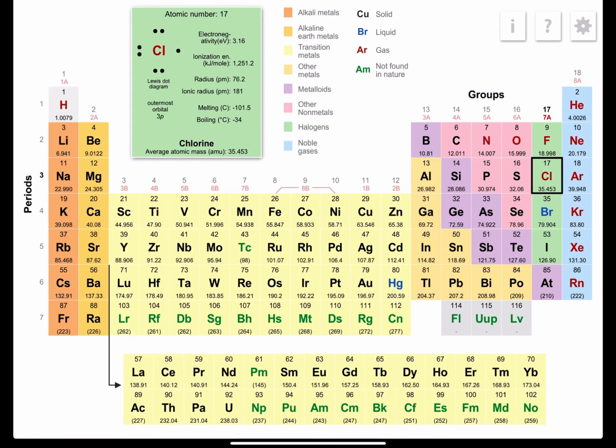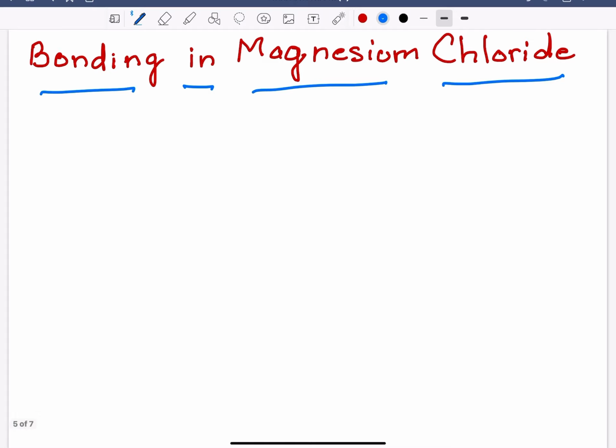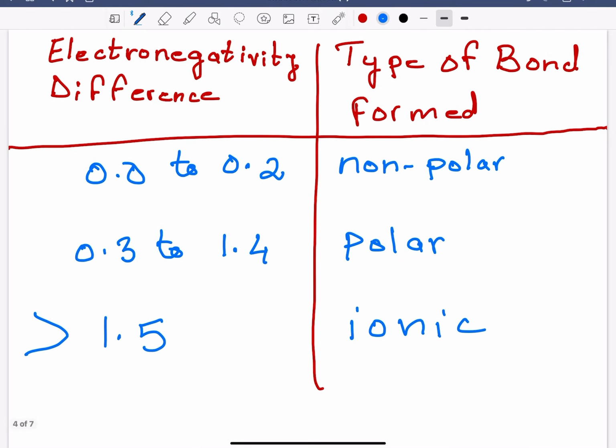So the electronegativity difference between magnesium and chlorine is about 1.85. So if you look at the table, if the electronegativity difference is more than 1.5, then it will be an ionic bond. So magnesium chloride will go through ionic bonding, or an ionic bond is present in it.